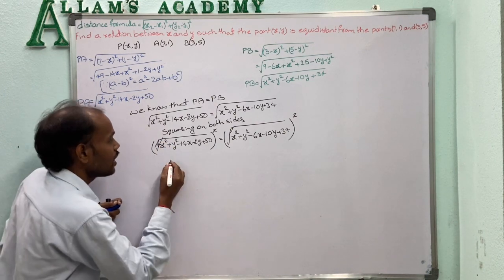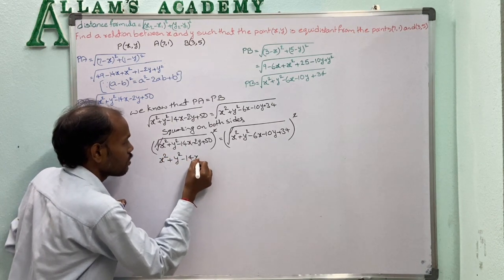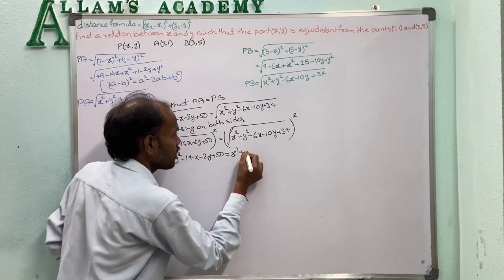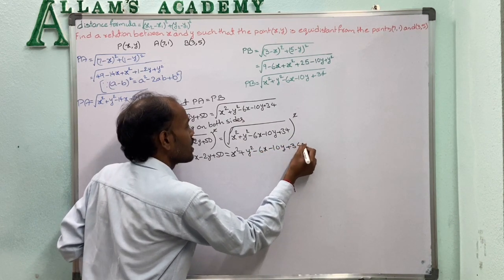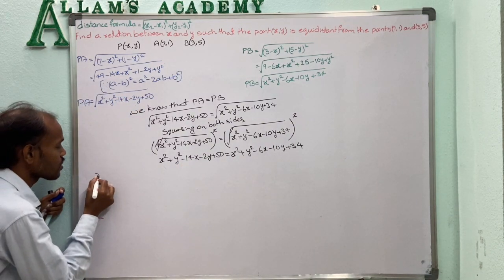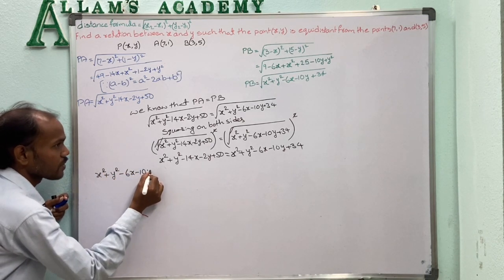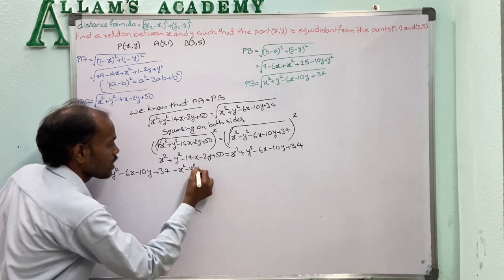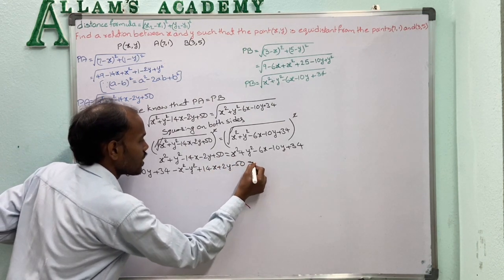Now here we get x square plus y square minus 14x minus 2y plus 50 is equal to x square plus y square minus 6x minus 10y plus 34. Now transferring all the LHS values to the RHS, we get x square plus y square minus 6x minus 10y plus 34 minus x square minus y square plus 14x plus 2y minus 50 is equal to 0.